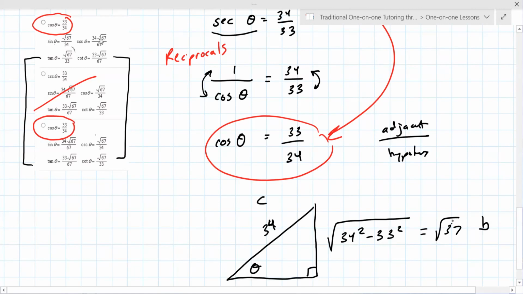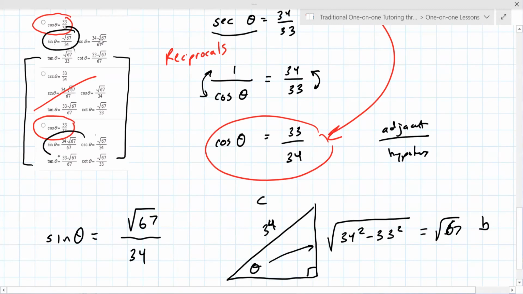I'm sorry, this is 67, not 37. So let's find the sine of theta. The sine of theta is the opposite, the square root of 67, over the hypotenuse, which is 34. So you're comparing this one to this one down here, which is the match?